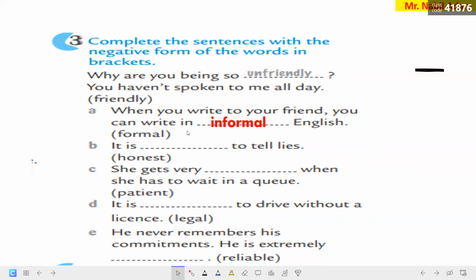B, honest, dishonest. C, patient, impatient. D, legal, illegal. E, reliable, unreliable.